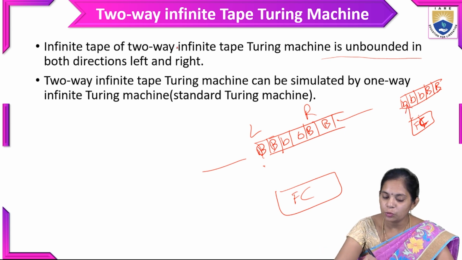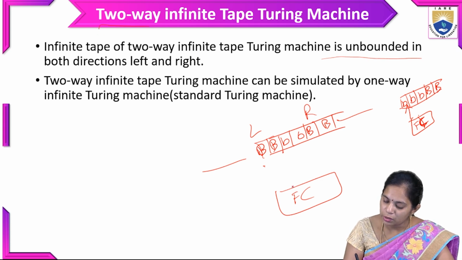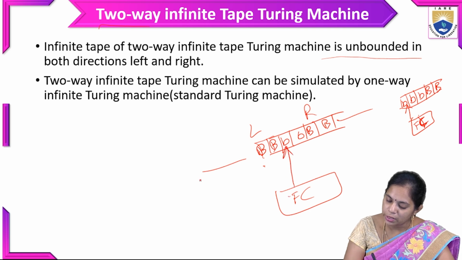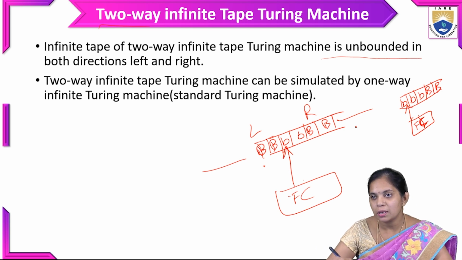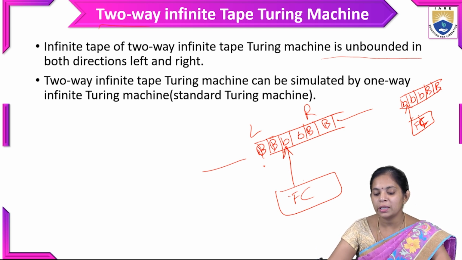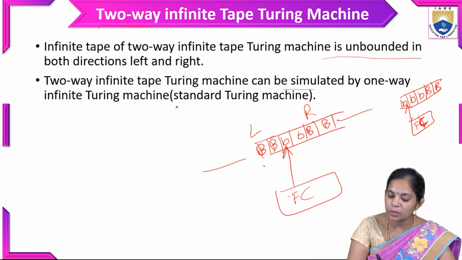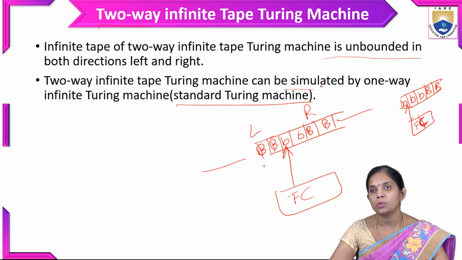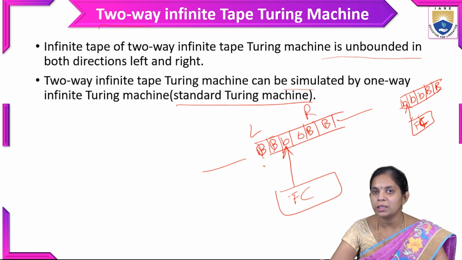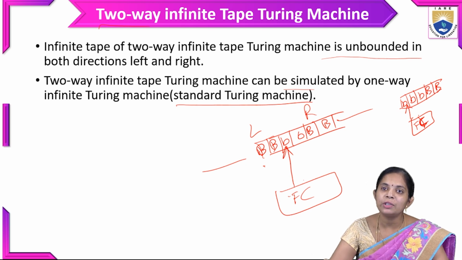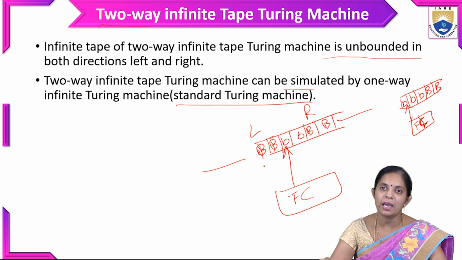In the two-way infinite tape Turing machine, the head can move to the left side or to the right side. So if we consider the two ways, left and right of the infinite tape, it is equivalent to the standardized Turing machine. Both are equivalent and have the same power.